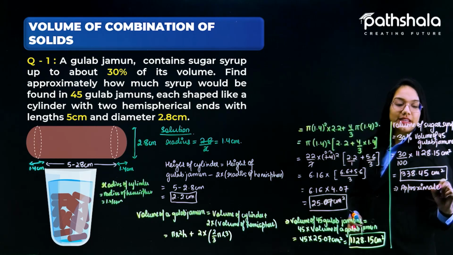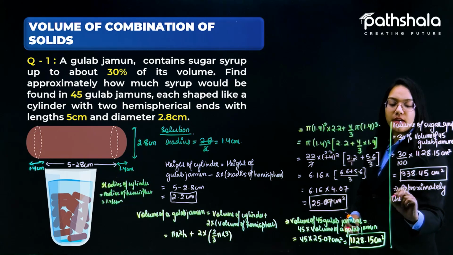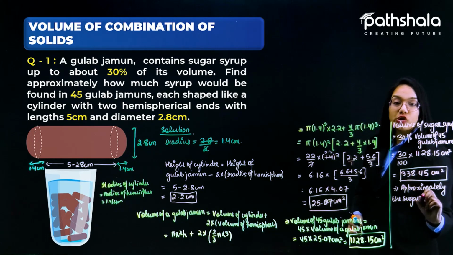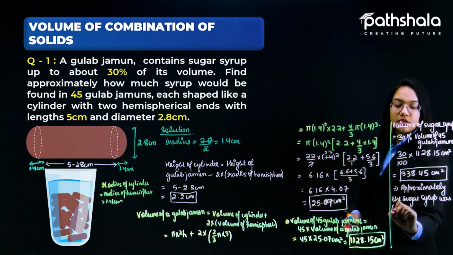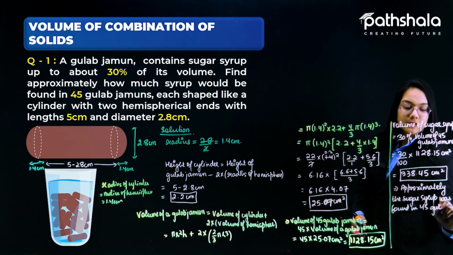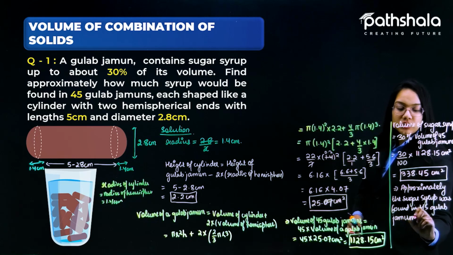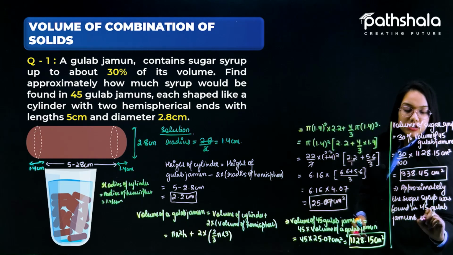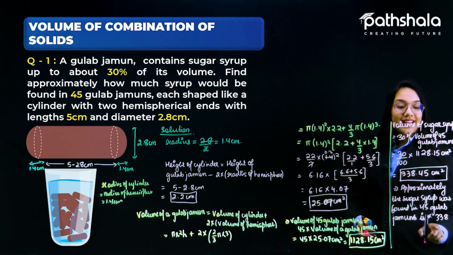let us suppose if I write it over here, approximately the sugar syrup found in 45 gulab jamuns is nothing but 338.